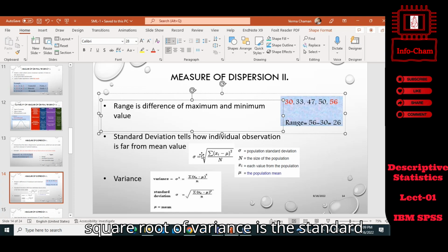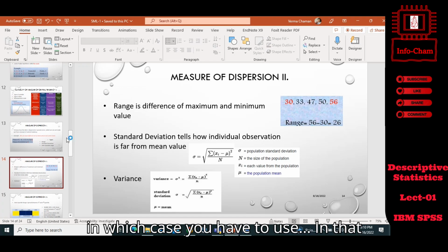Square root of variance is the standard deviation, right? Can you see? The variance is also there. So if you go into detail, we can use the variance. Okay, so see the variance. If you do the square here, the signs will cancel each other. It's a mathematical formula, you will see. And standard deviation is the square root of the variance. Square root of the variance is called the standard deviation. Okay, so again, in which case you have to use it?